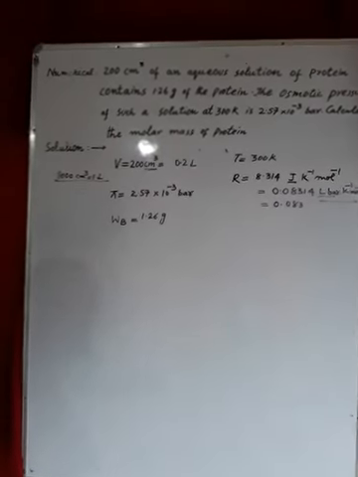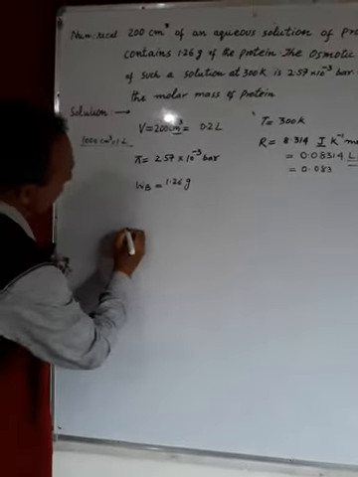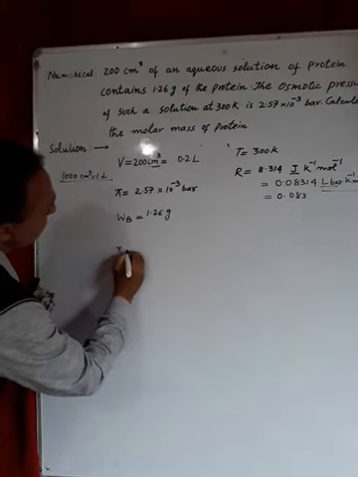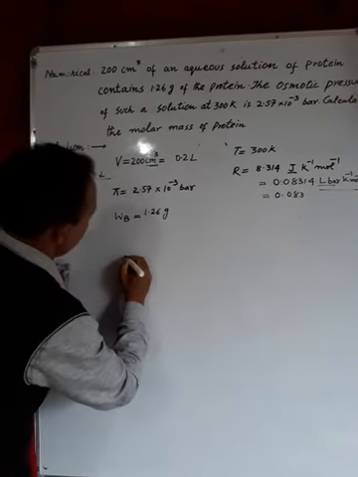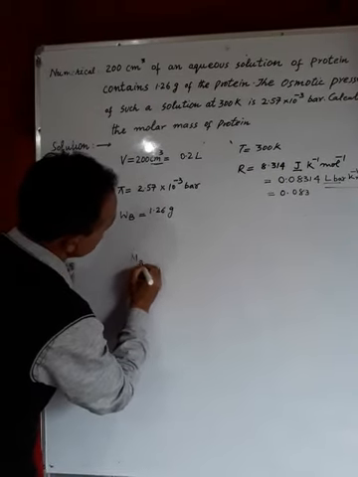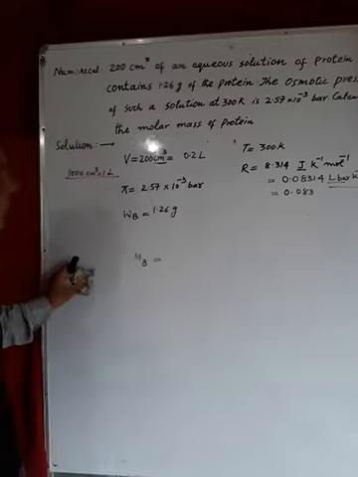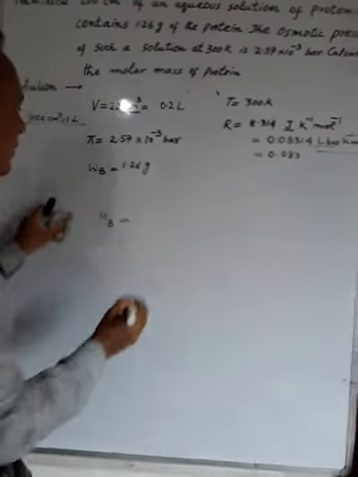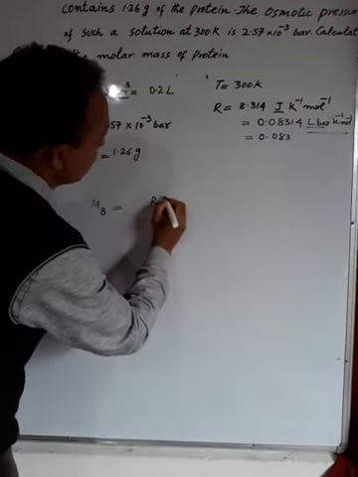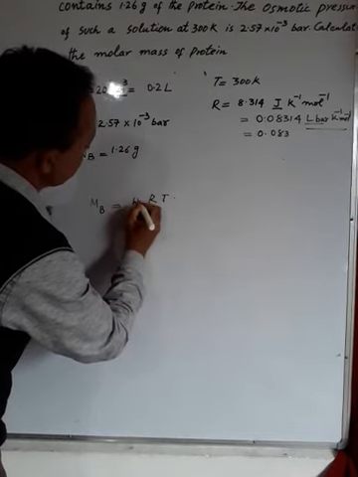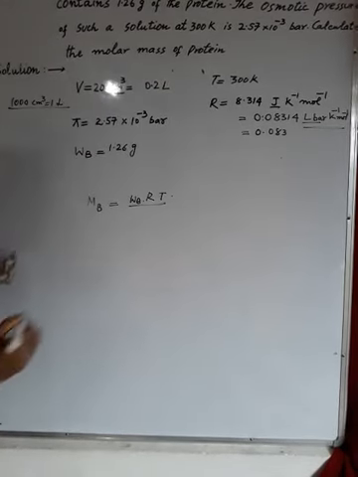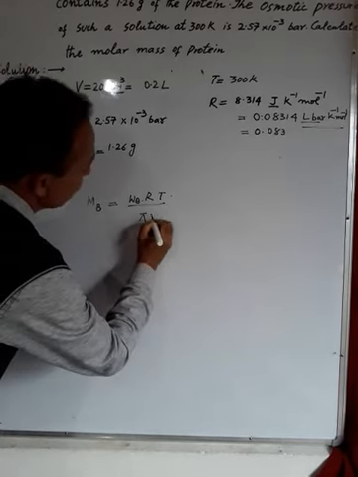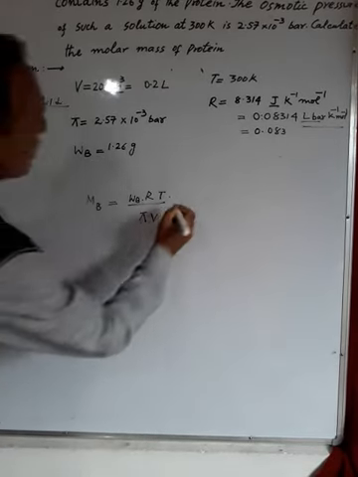And we will take the equation: molar mass of the non-volatile solute is equal to RT WB divided by pi V. Substitute the values.